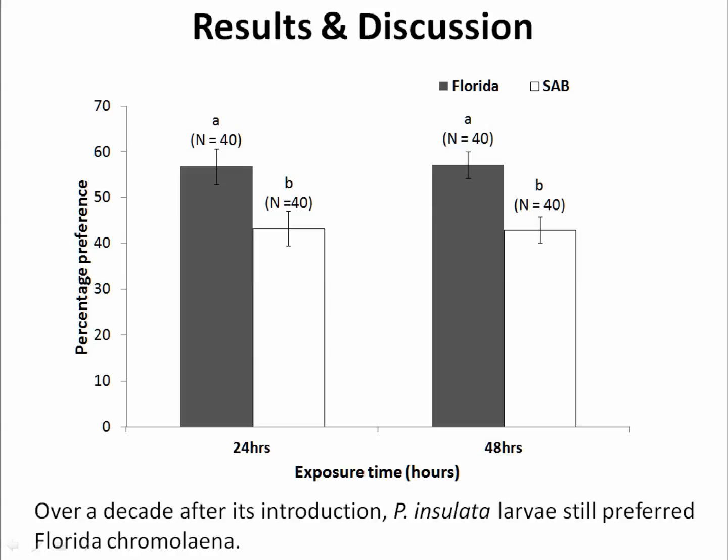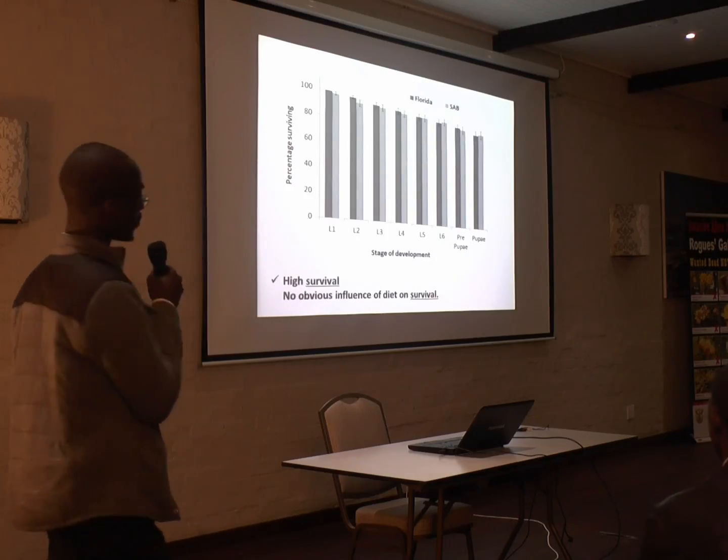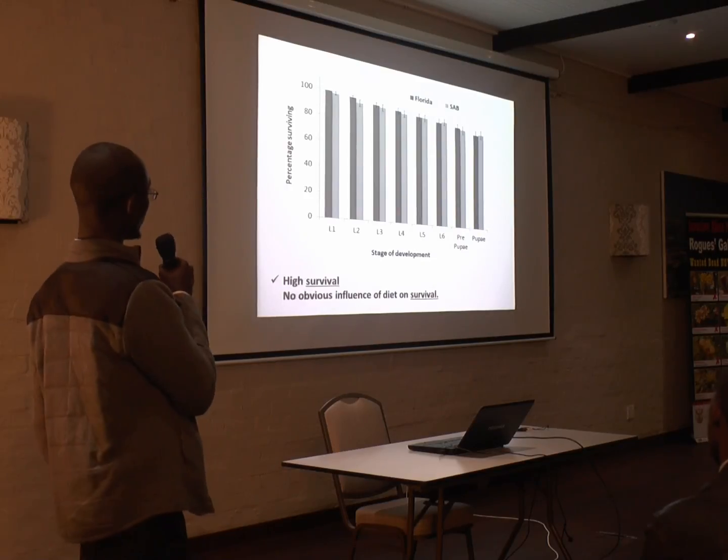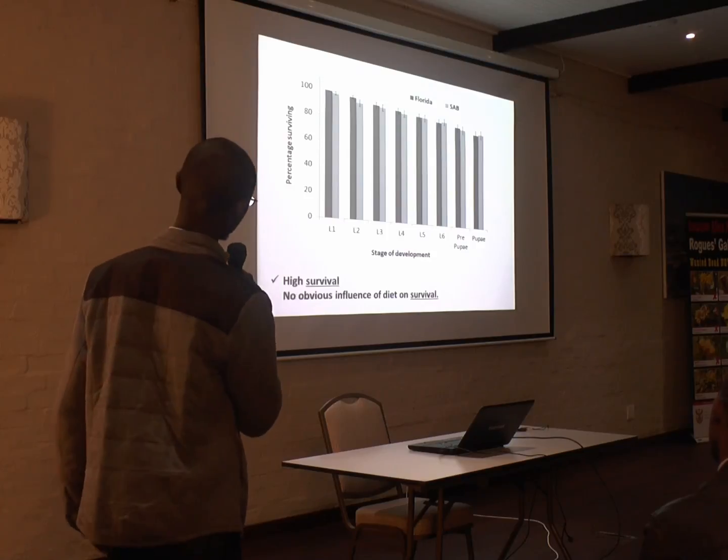We have been able to observe that over a decade after its introduction, P. insulata larvae still prefer Florida Chromolaena. Basically, we recorded high survival on both diets.